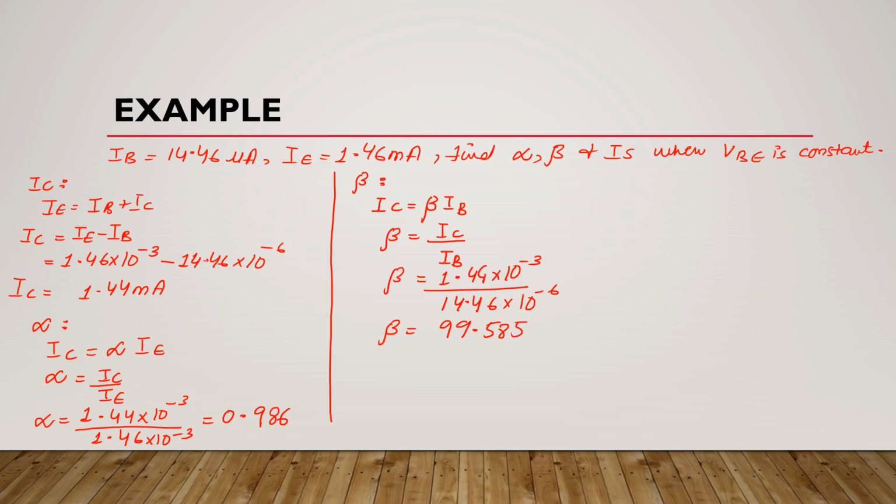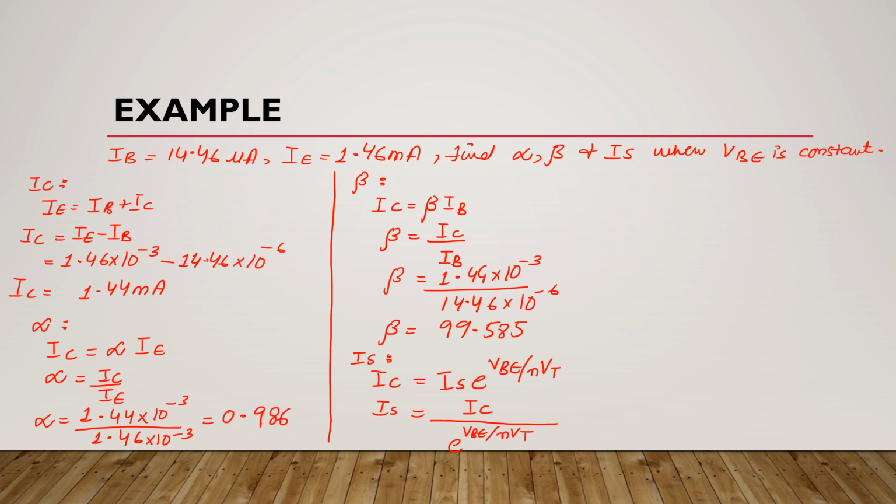Now for saturation current IS, we'll be using equation 2, which is IC is equal to IS e raised to the power VBE divided by NVT. It means this IS is equal to IC divided by e raised to VBE divided by NVT.